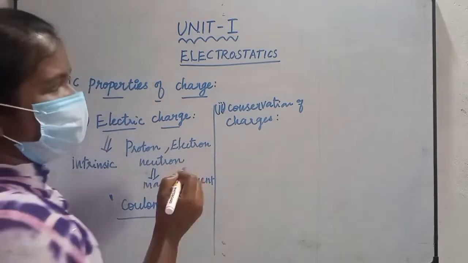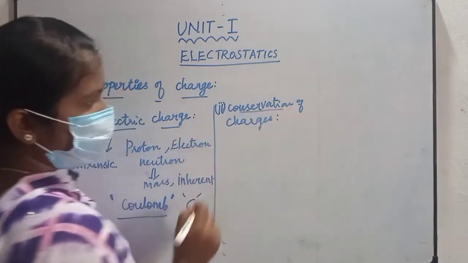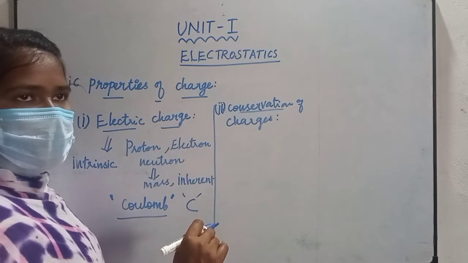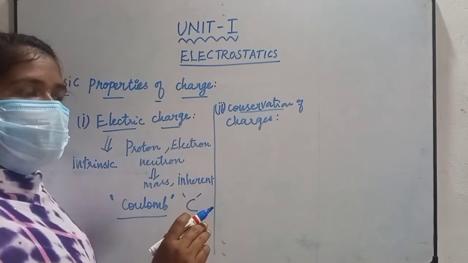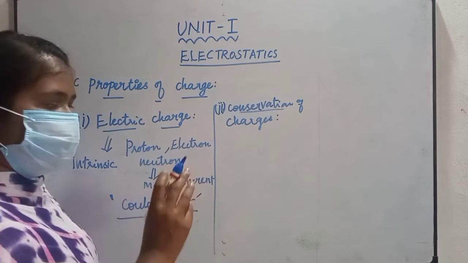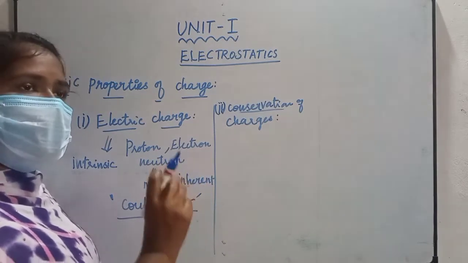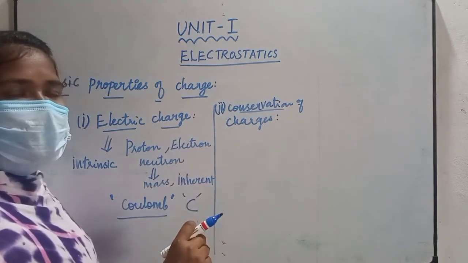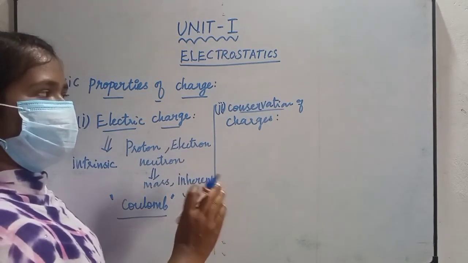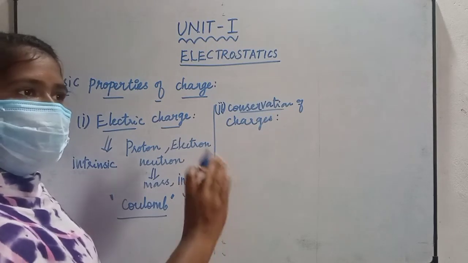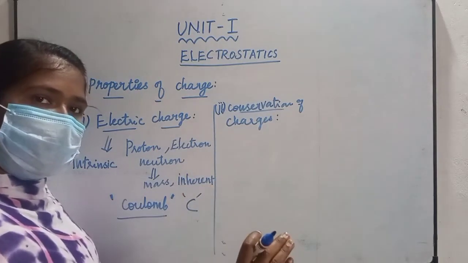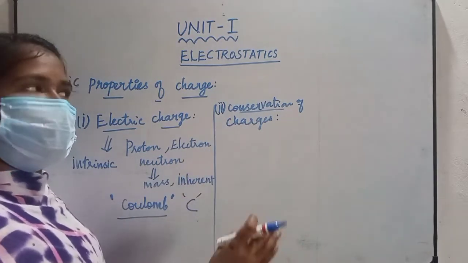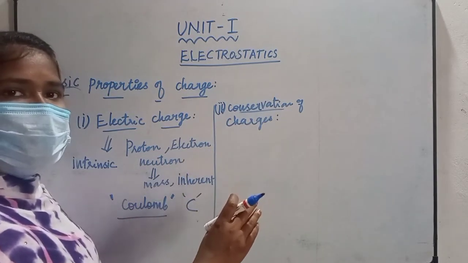This property is the conservation property. Before rubbing, every atom has protons, electrons and neutrons, and the amount of protons and the amount of electrons is the same. Then we say the atom is electrically neutral.